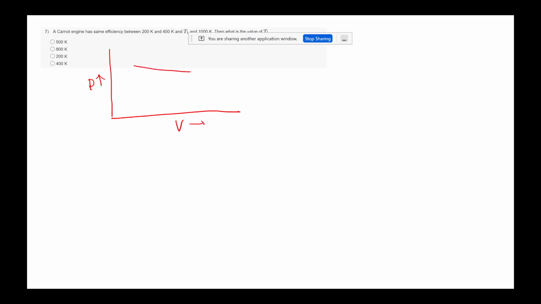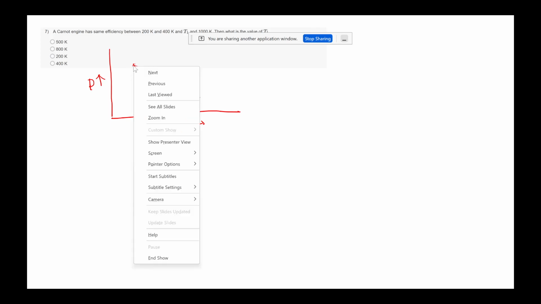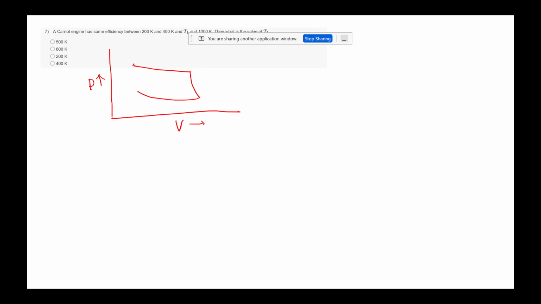There will be an isothermal expansion, then an adiabatic expansion, followed by an isothermal compression and then an adiabatic compression. It starts from 1, 2, 3, 4. This is T1, this is T2.